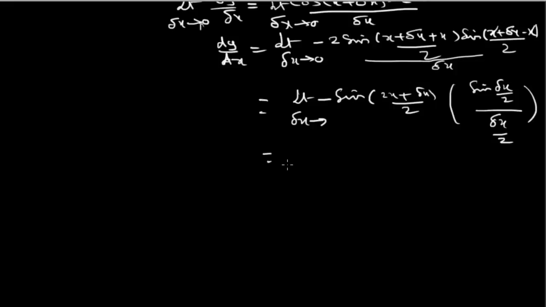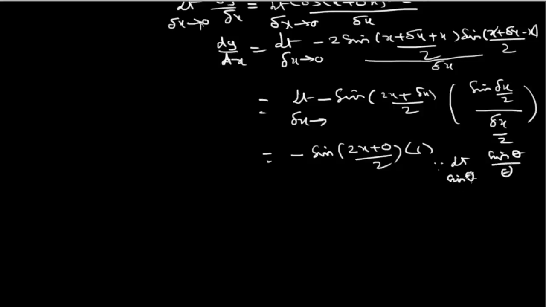So this is in the form, why we have written like this, sin theta by theta, theta to 0 is 1. So minus sin, wherever delta x is there you write 0. 2x plus 0 by 2 into 1. Why 1 here? Since limit sin theta by theta, theta tending to 0 is equal to 1.